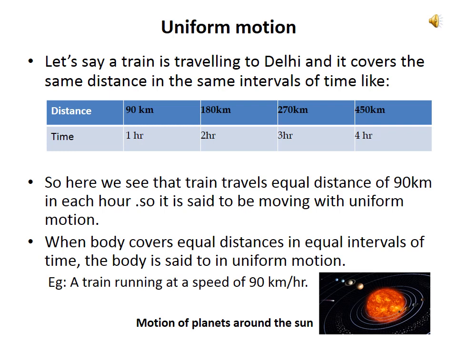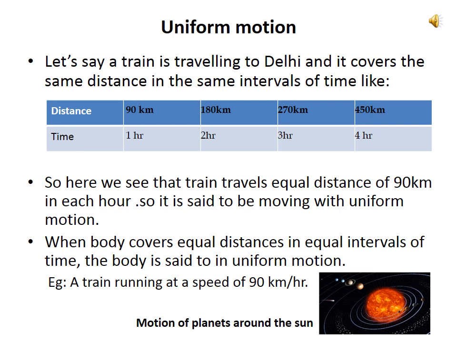Consider an object moving along a straight line. Let it cover 25 kilometers in the first hour, 25 kilometers more in the second hour, 25 kilometers in the third hour, and 25 kilometers in the fourth hour.